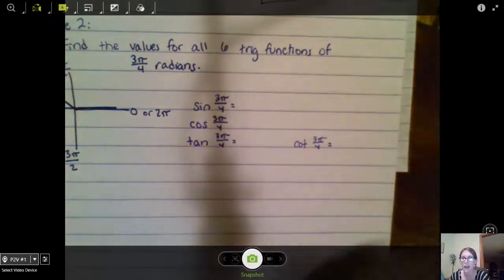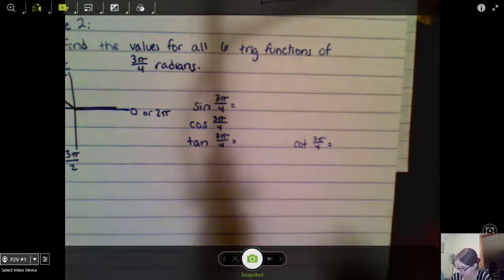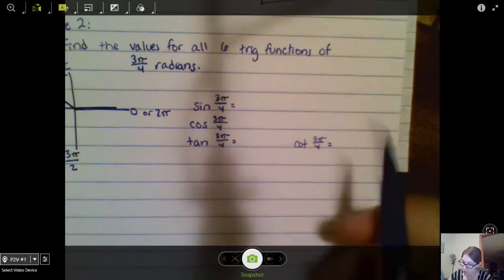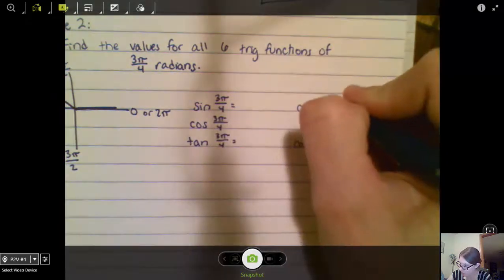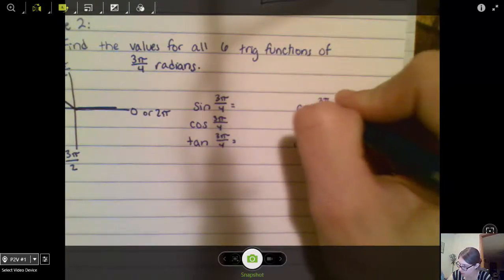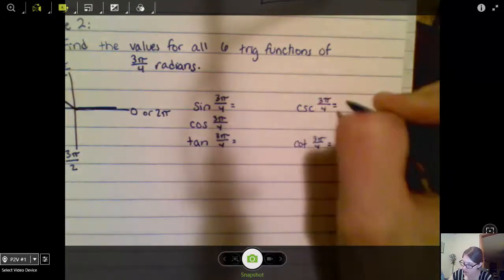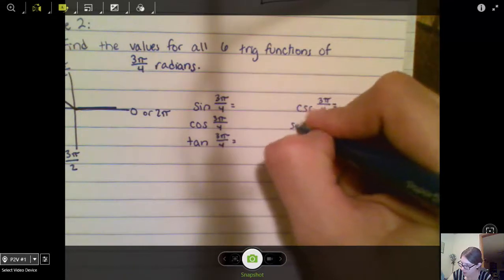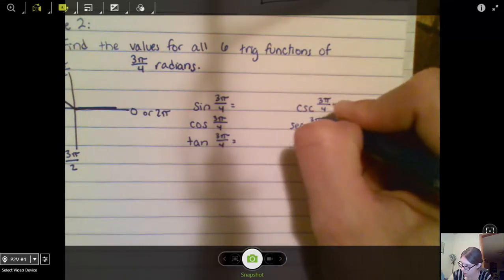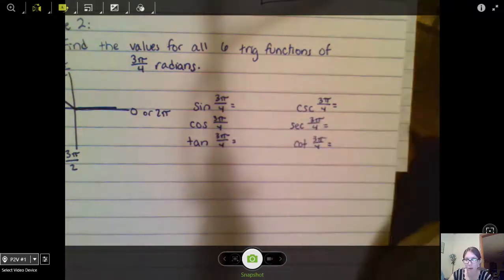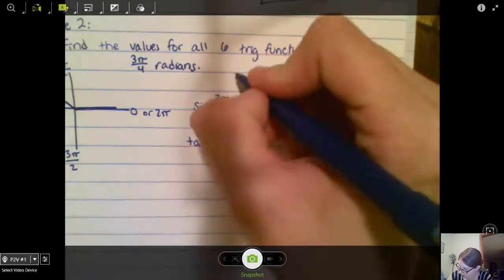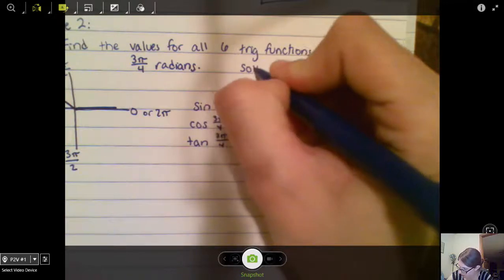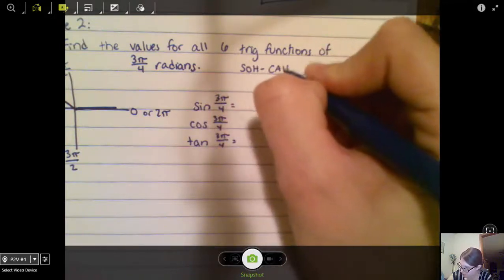And then we have secant and cosecant. Like I said before, each one has a co. Sine and cosecant go together. Cosine and secant go together. And don't forget also SOHCAHTOA. That'll help us as we go through.